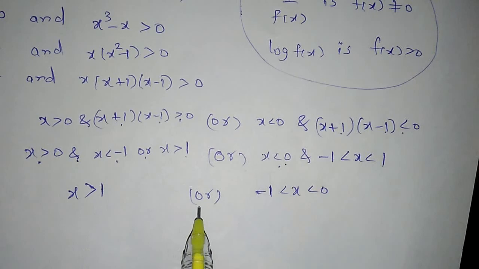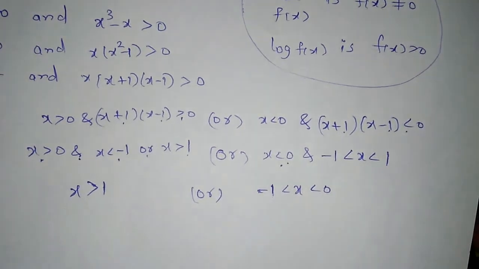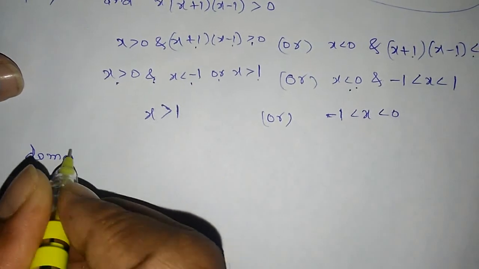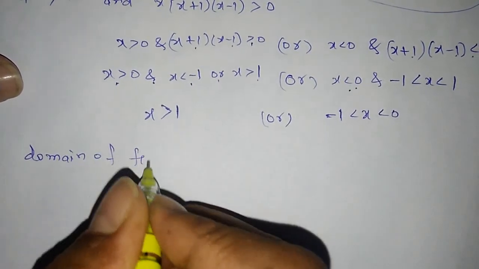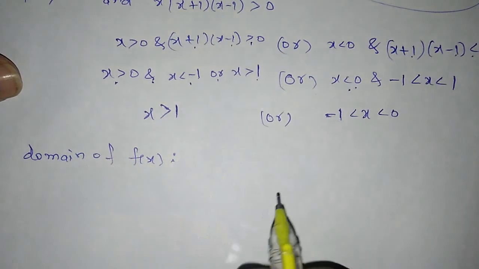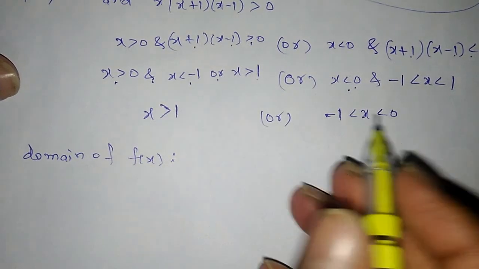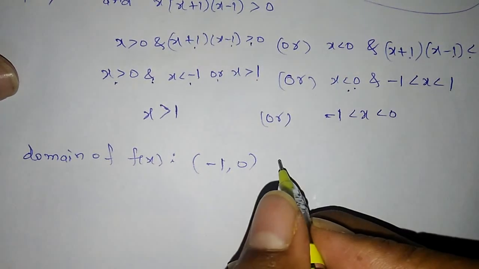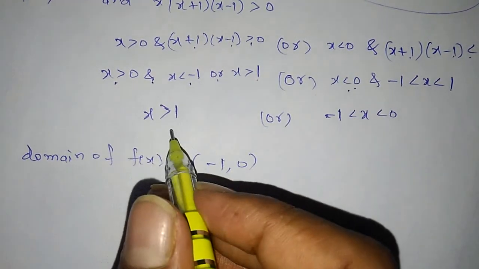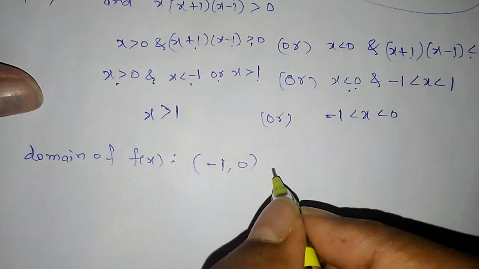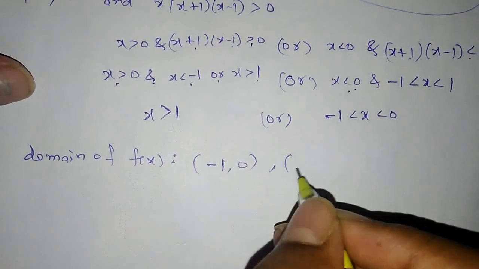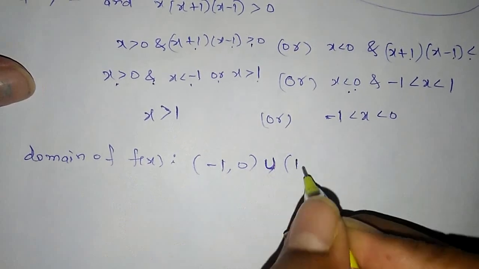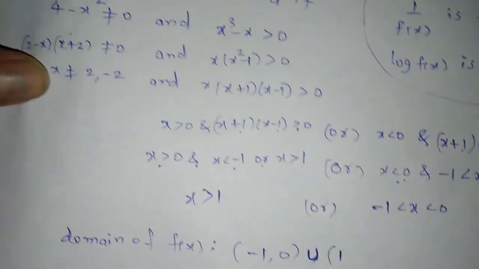Okay, so here we need to take the union. So the final domain of f of x will be, add all this. First minus 1 to 0. Next x greater than 1, that is, so here union will be there, 1, but we need to exclude the values.